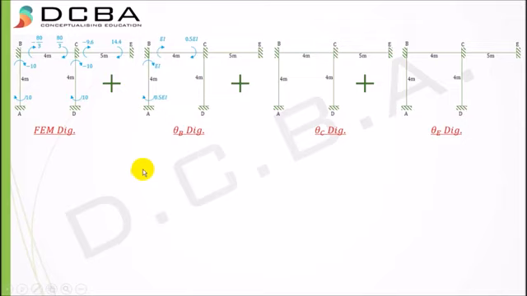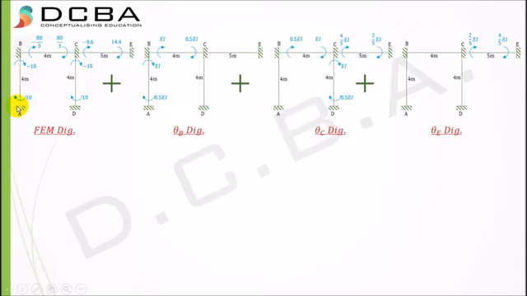Theta B diagram would include only those values that you found while giving the unit rotation at theta B. So only these two members were affected, right, because of the unit rotation at theta B. In theta C diagram, these three members were affected, and these are the values in terms of EI only. And for theta E diagram, only one member was affected.